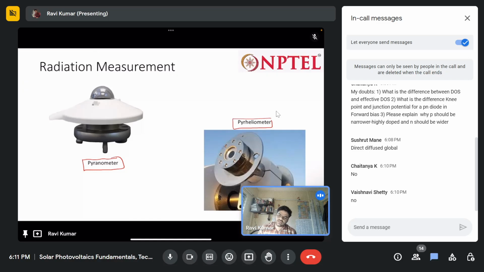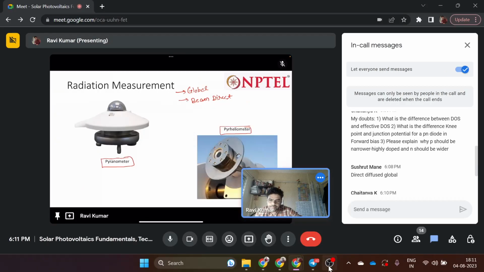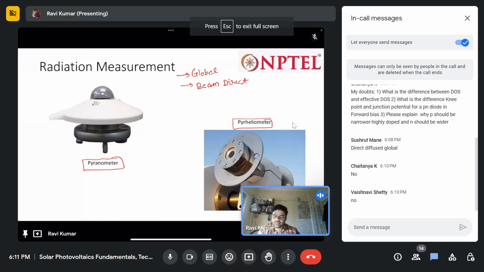There are two radiations, global radiation and beam or direct radiation. Can you guess which one may be used for which radiation type? Just see this structure and this structure and take a guess.